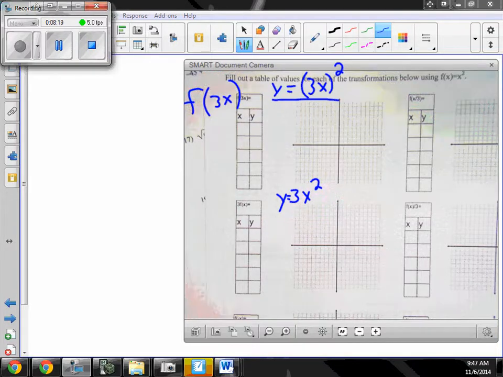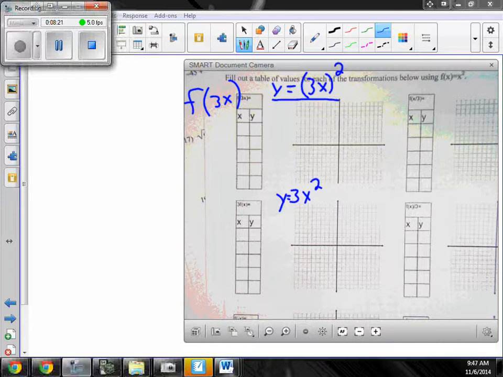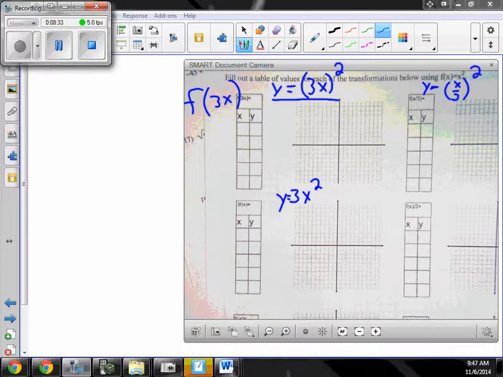What would this one look like? Y equals x over 3 squared. What would this one look like? Y equals x squared over 3.